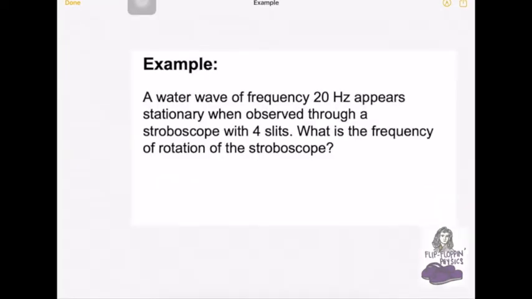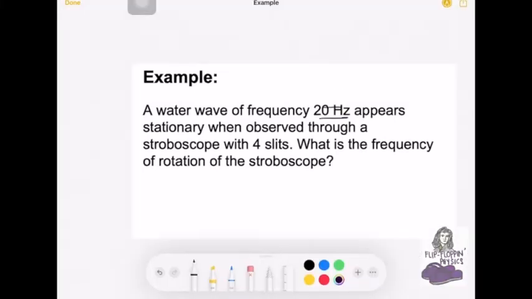Okay, so this is an example of a question for the stroboscope. They give you a water wave of a certain value of frequency here. Then you need to be able to identify whether this is f or f'. From the formula just now, we know that the frequency of the water is f, not f'. Then they give you the number of slits, which will be n.